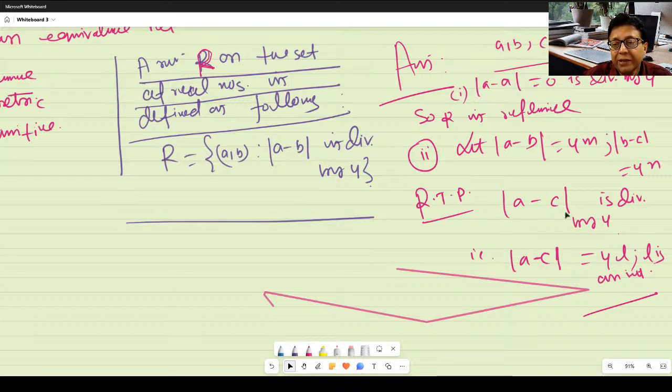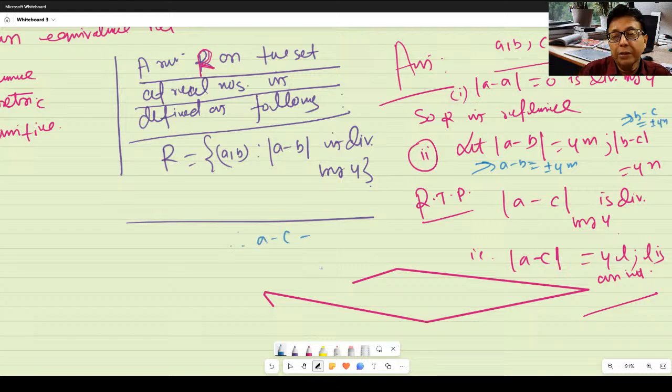You have taken A minus C divisible by 4, then A minus C equals 4L. How will you start? Mod A minus B, I am just telling you briefly. Mod A minus B equals 4M. What does it imply? And what does this one imply? Isn't it?